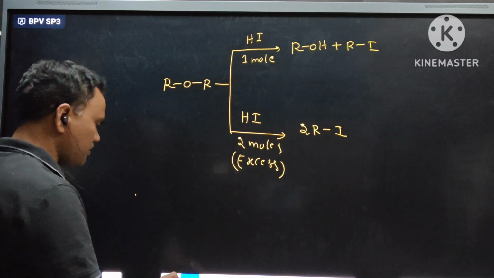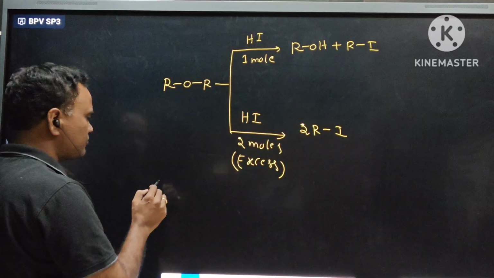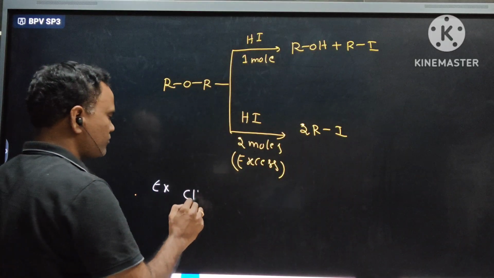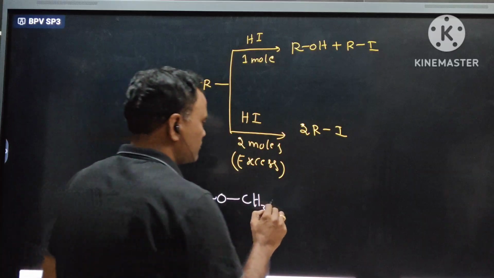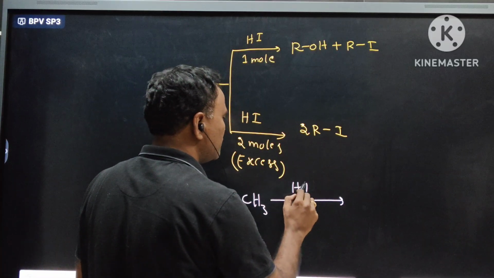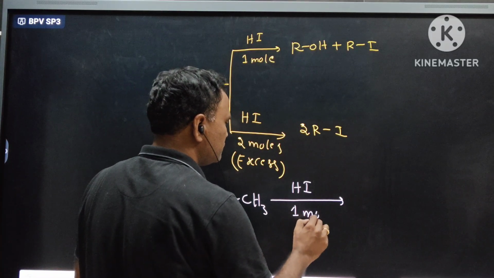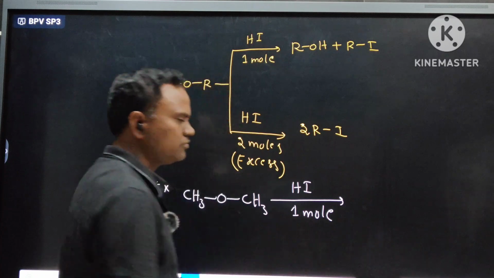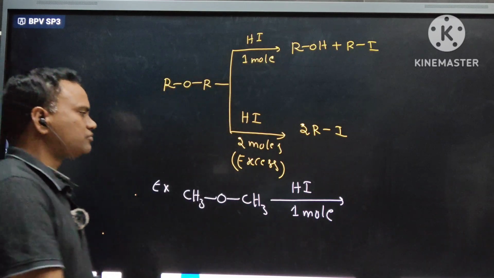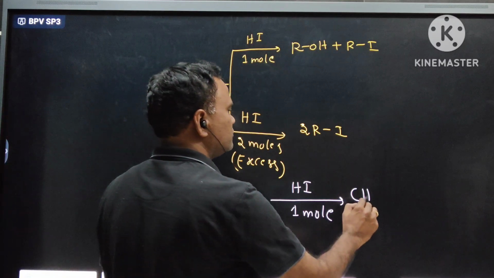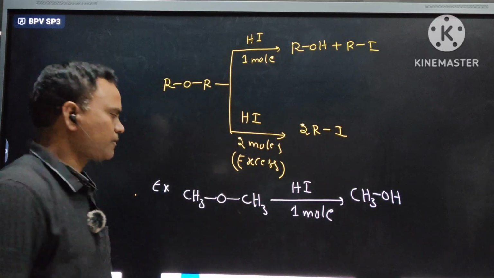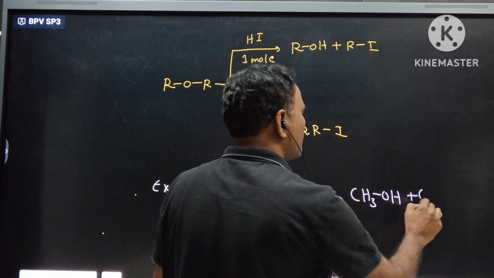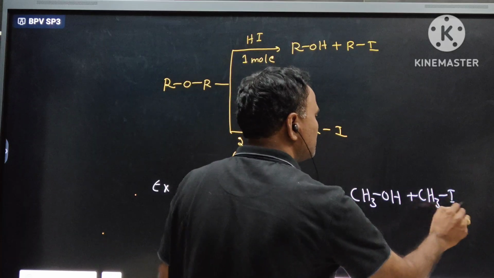Let us see one example. With HI, 1 mole, we get CH3OH plus CH3I.